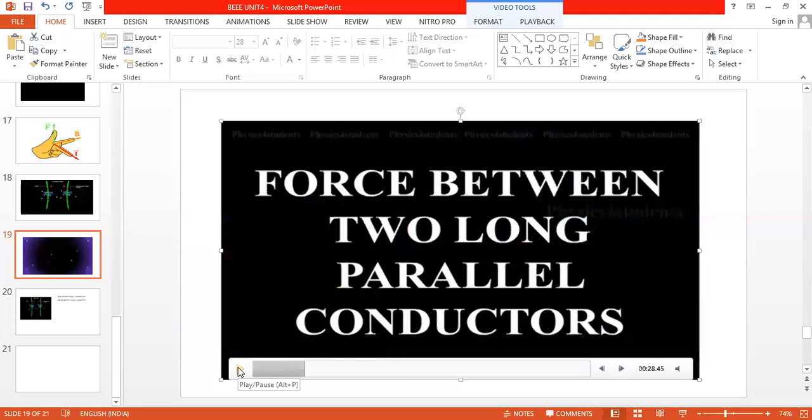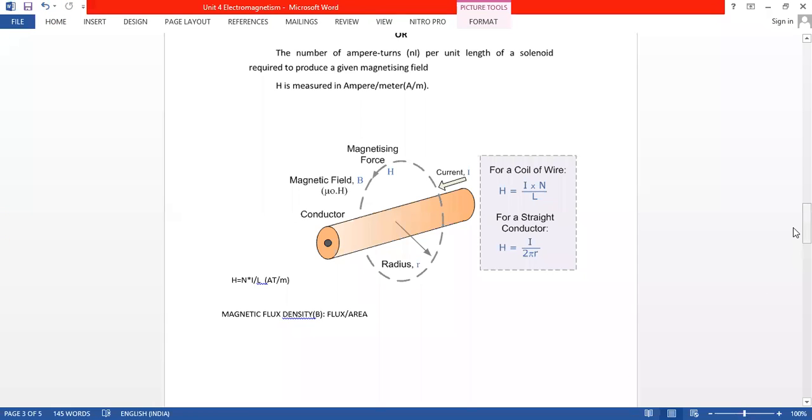So first, all of you see the explanation. Before we study this, you are supposed to start reading certain basics. So all of you remember this diagram. H stands for what? Any student tell me? H stands for magnetic intensity, strength.